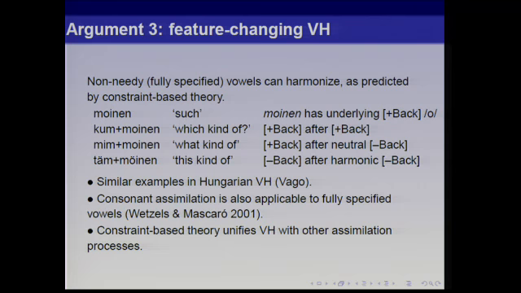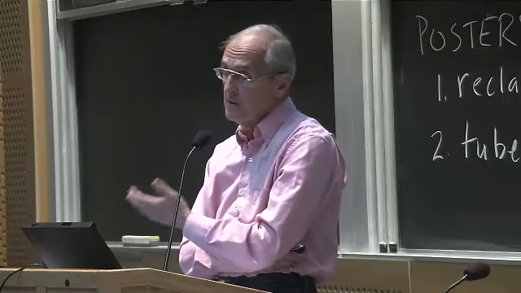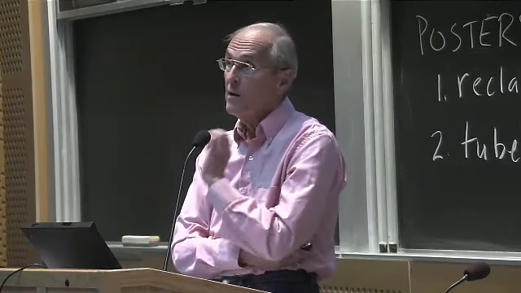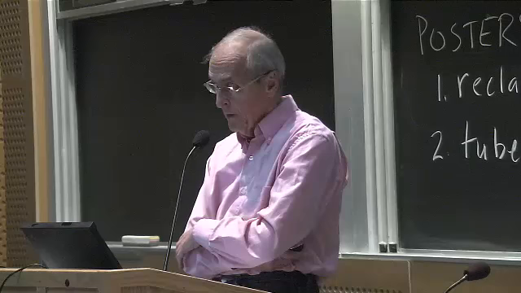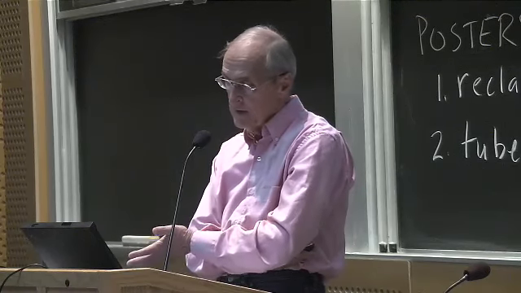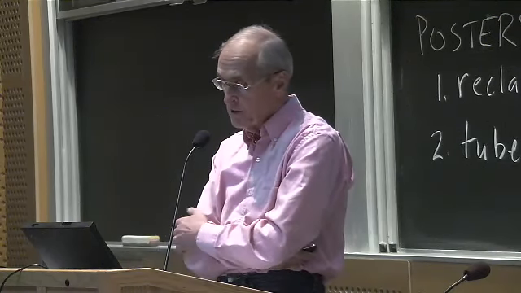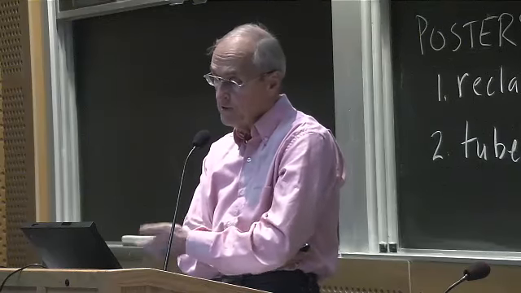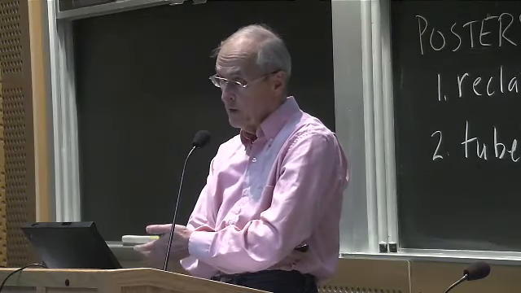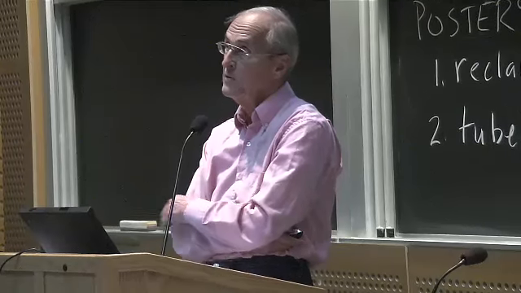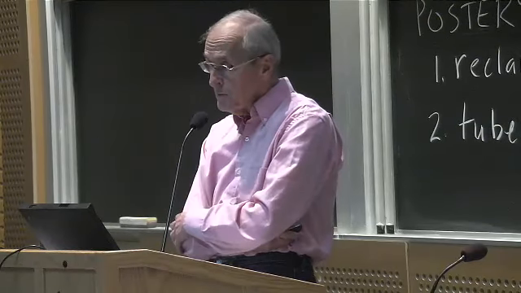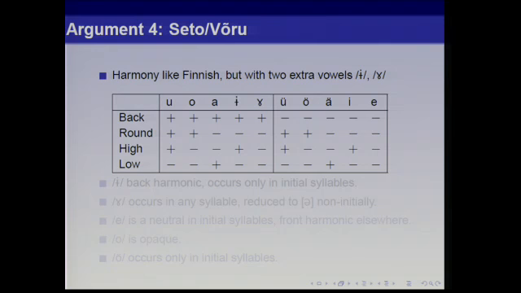Well, there are lots of examples in Hungarian and other languages of feature-changing harmony, and we know that it exists in assimilation. So constraint-based theory actually unifies harmony with other assimilation processes. No problem for that.